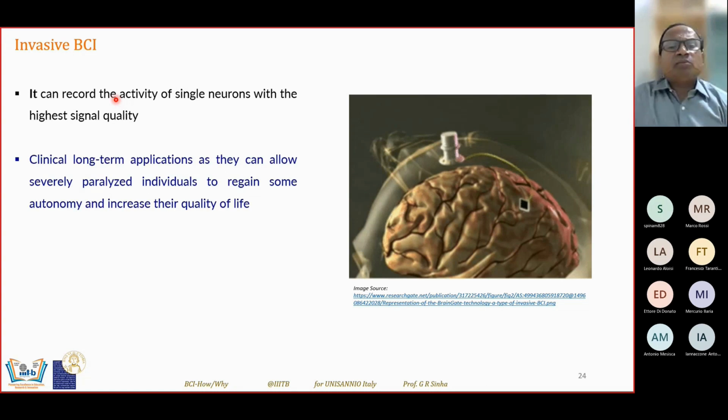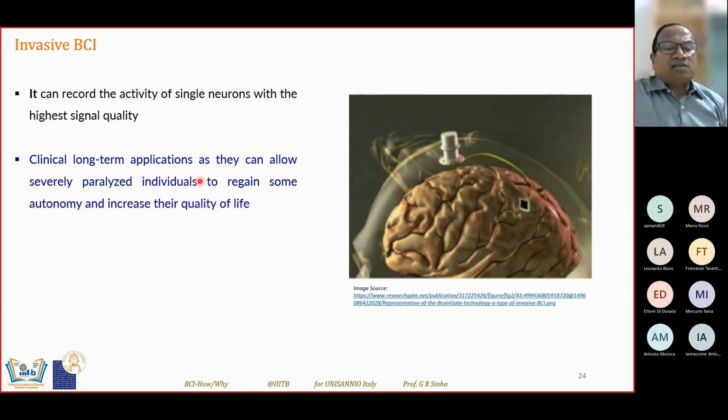So for clinical long-term applications, they can allow the severely paralyzed. See what happens, the people who are severely paralyzed, they can always take the risk. They'll take one chance, if there is that kind of treatment, so that we can enjoy a good life, a better life, and regain some of our abilities.